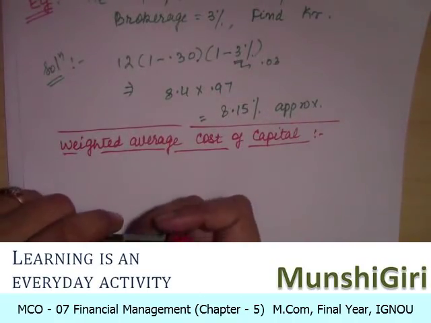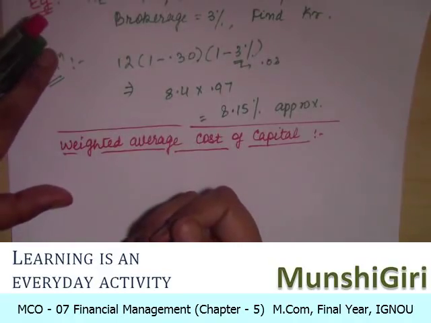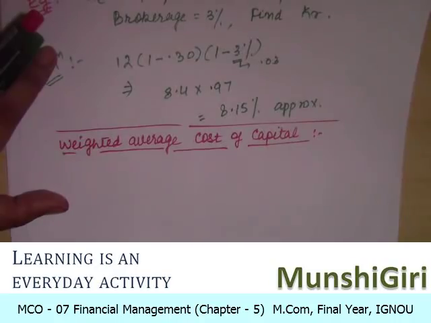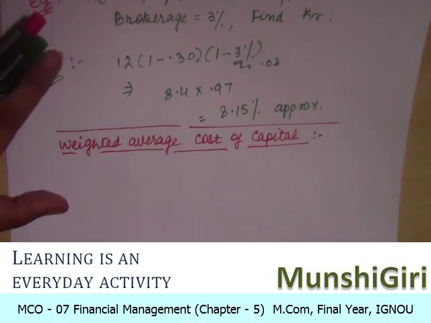In this, all you have to do is calculate the cost of capital as usual and multiply with their respective weights. This will give you weighted average cost of capital. This is also known as composite or overall cost of capital. The weights can be on the basis of book value, market value or target value.